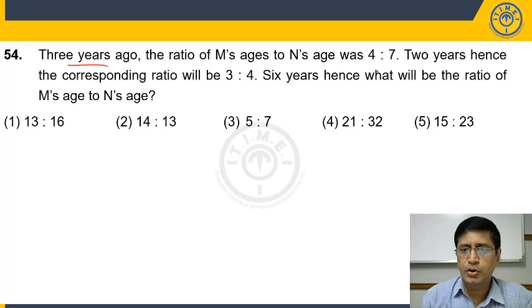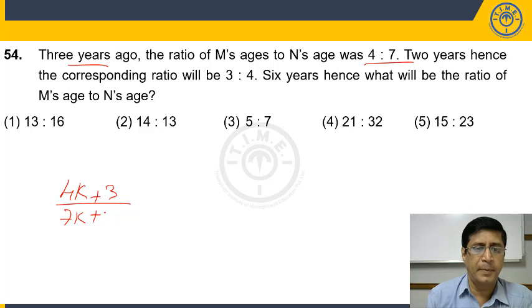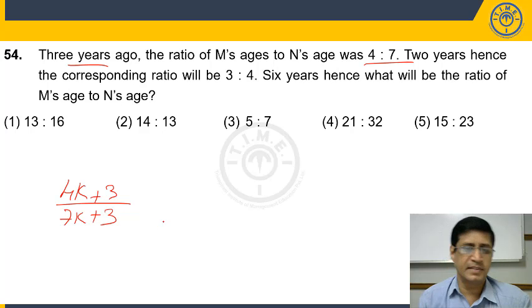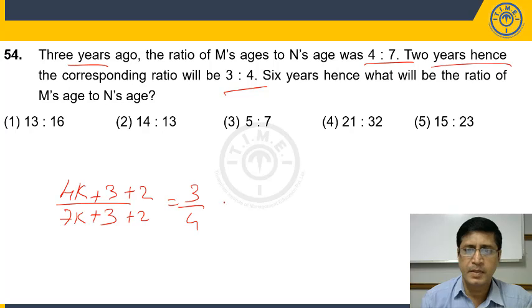3 years ago, the ages are given. 3 years ago 4K and 7K, so what about the present age? 4K plus 3, 7K plus 3. Now he is saying 2 years hence, it is equal to 3 by 4. Then what to find?